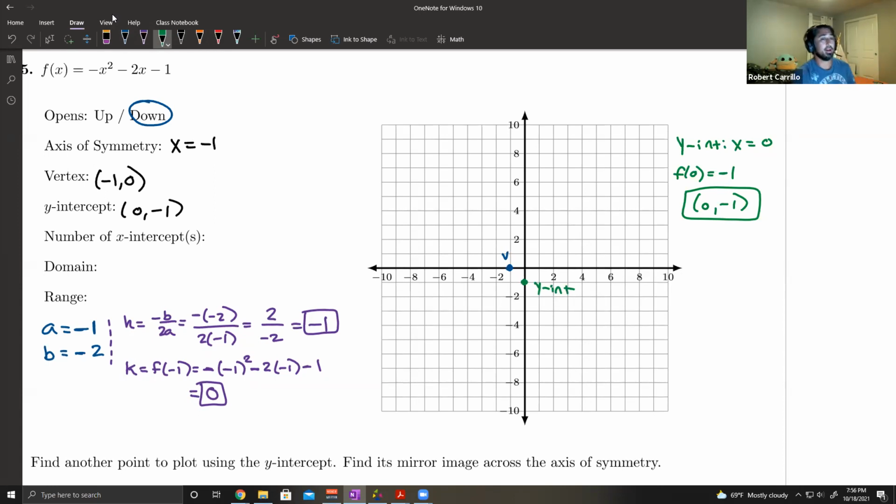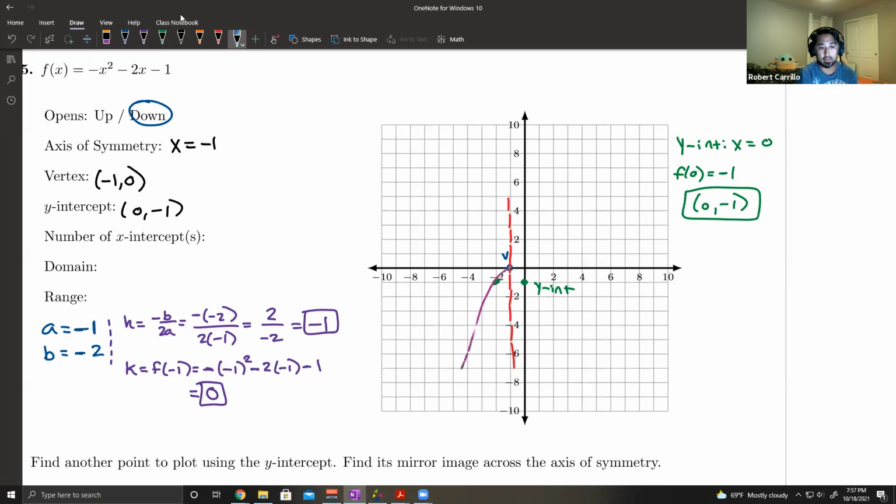Oh yeah, and if you want to accurately graph this, we can use that axis of symmetry to reflect the y-intercept across it. So if this y-intercept is one space away from the axis of symmetry, then another point would be one space to the left. And now we have everything we need.